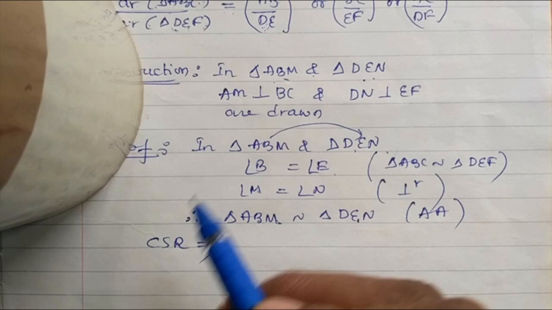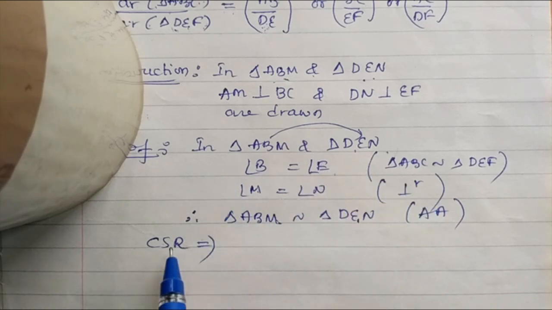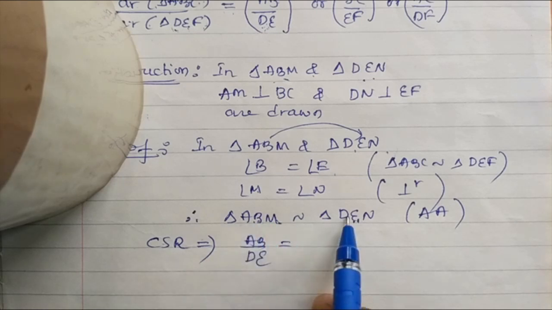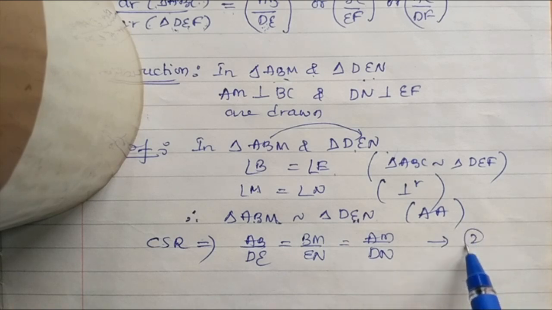So now angles are equal, therefore their corresponding sides are not equal, they are in ratio. That is AB by DE, BM by EN, and lastly AM by DN. We mark this as equation 2.